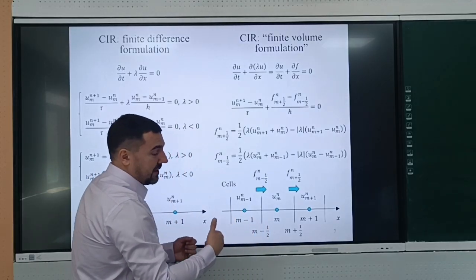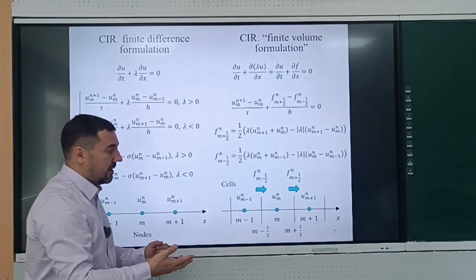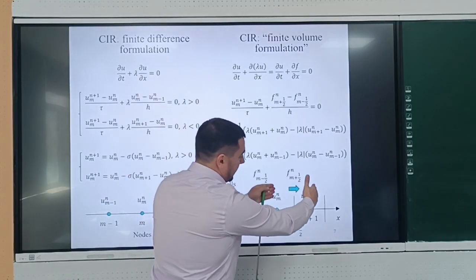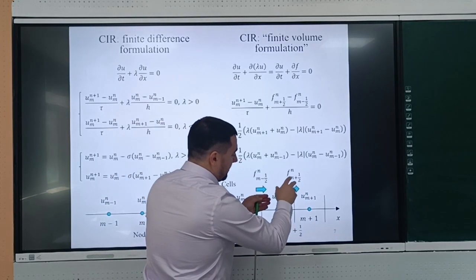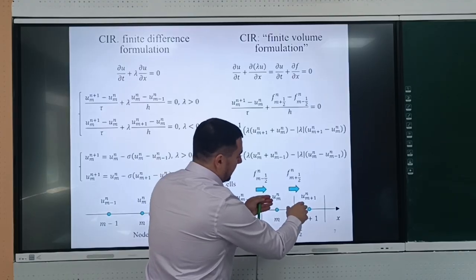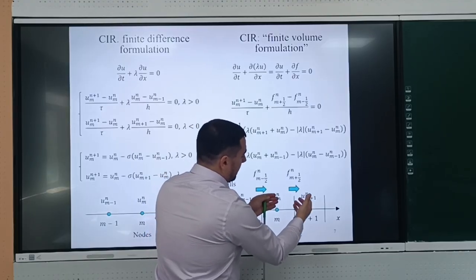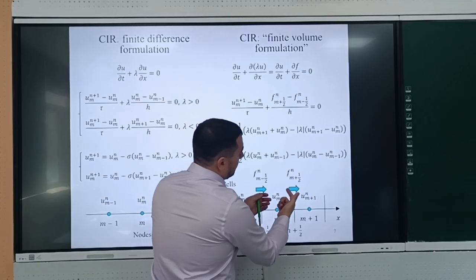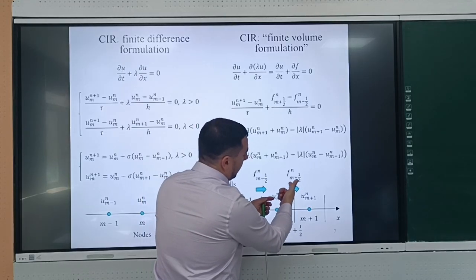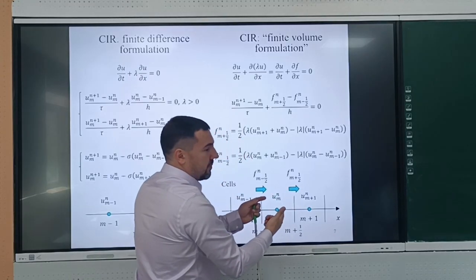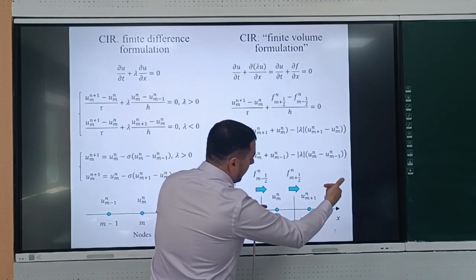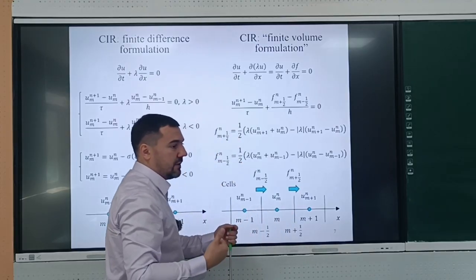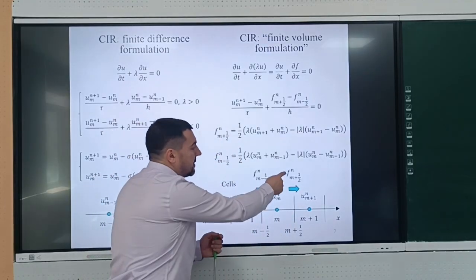That is why we are interested in the solution of the Riemann problem, because locally we have this Riemann problem. Let's forget for a second about our numerical solution and say that if we know from theory what the parameters will be for the initial value problem, with u_m^n to the left and u_{m+1}^n to the right, then we can use the exact solution of this problem to compute the numerical flux.